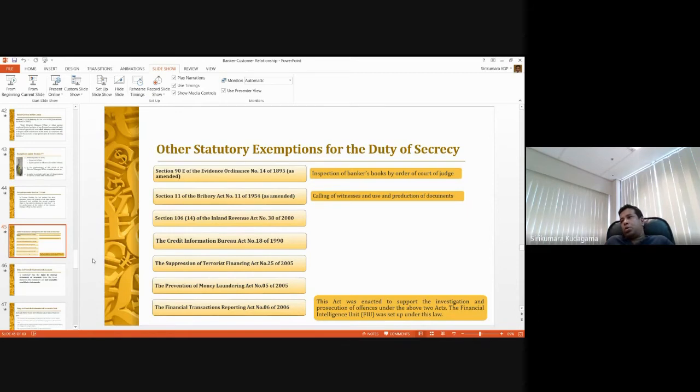And also, the customer is in a position to initiate action with the regulator or law enforcement authorities because this is an offense. This is an offense. So those two things run parallelly.